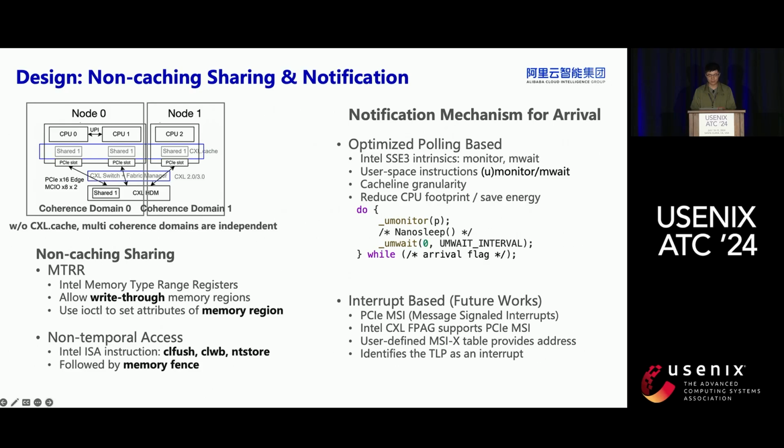HydraRPC requires a notification mechanism to inform the client about the arrival of a request, so it uses polling on the CXL memory to detect incoming requests or responses. In this approach, the CPU reads the arrival flags of entries and initiates processing when the arrival flag is valid. To mitigate the issue of spinning on a memory location during busy polling, we use these two SSE3 instructions, monitor and mwait.